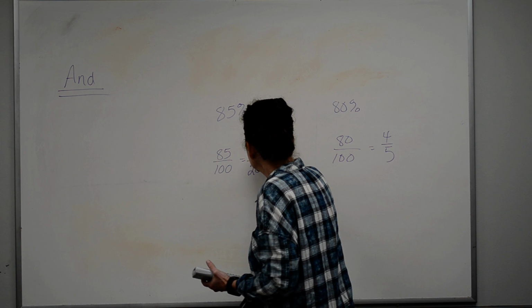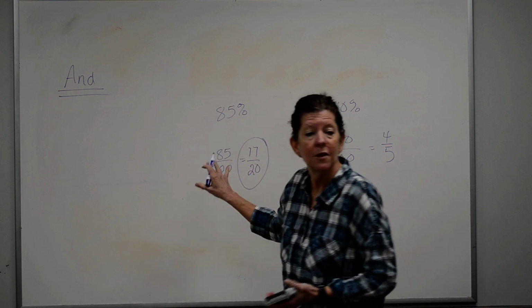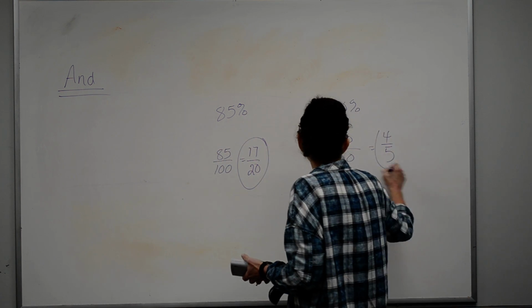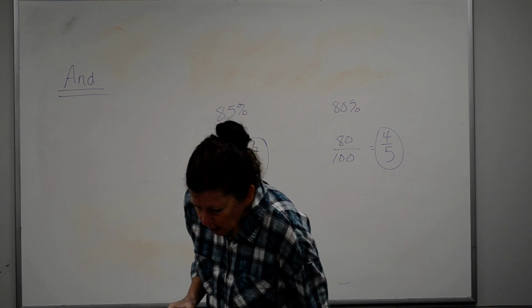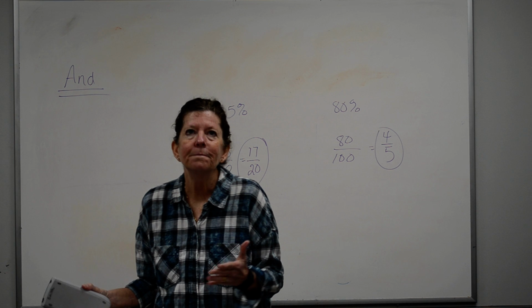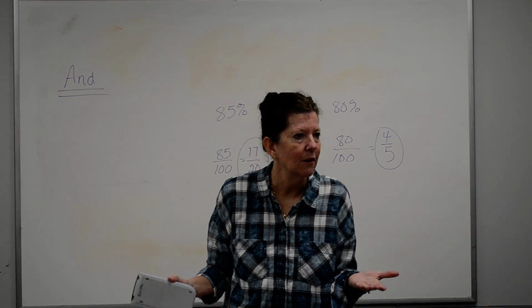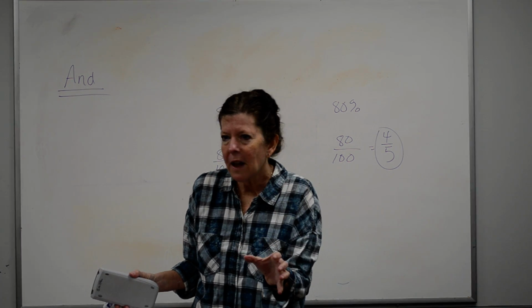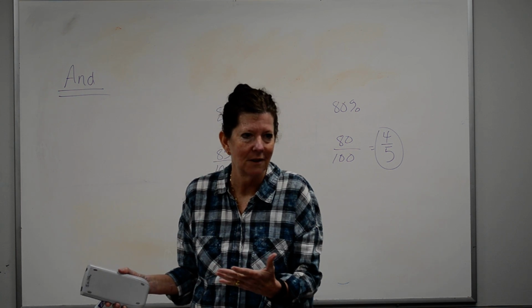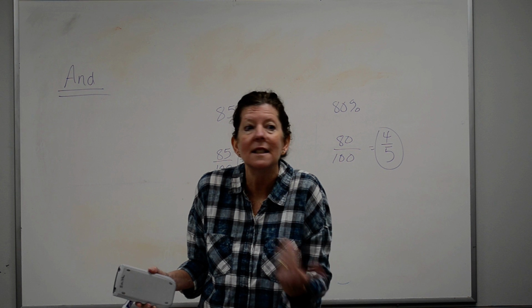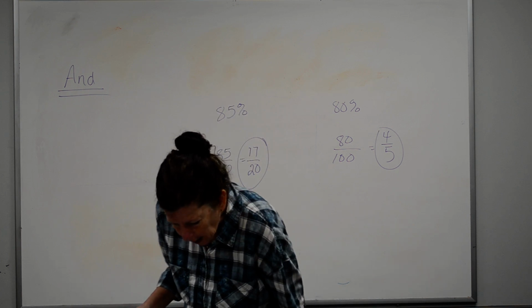All I did was, this is the probability that the first flight will arrive on time. This is the probability that the second flight will arrive on time. Okay, they are independent of each other. The first flight arriving on time doesn't have anything to do with the second flight arriving on time. It's not like one is dependent on the other.